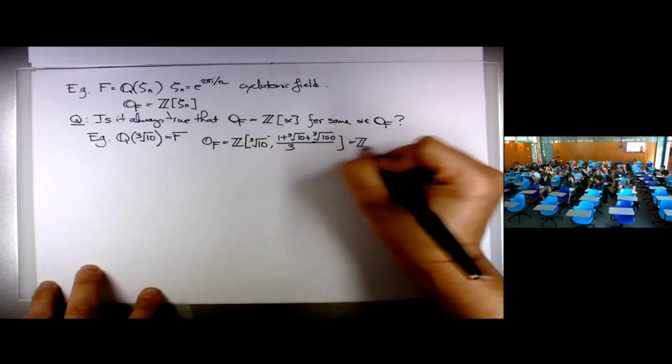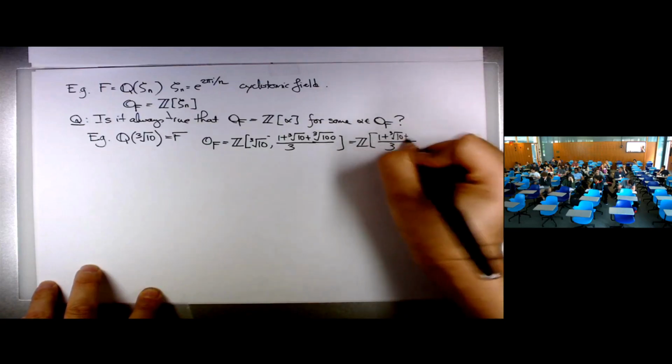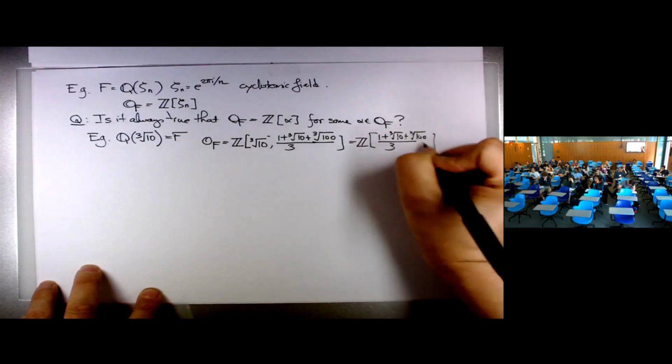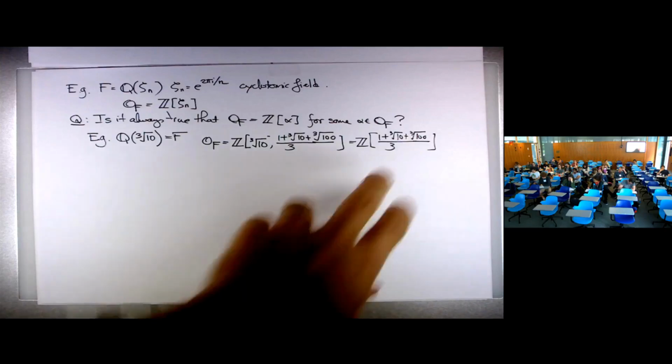It's an interesting example in the sense that the latter one looks like (1 plus alpha squared) over 3, and this can generate the cube root of 10. You can recover the cube root of 10 by some algebraic expression of this thing.